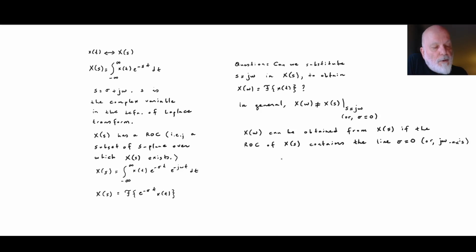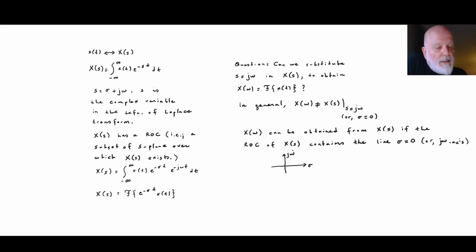Okay, because now we know that the complex S-plane has the sigma axis, the horizontal axis, and the vertical axis is the j omega axis.